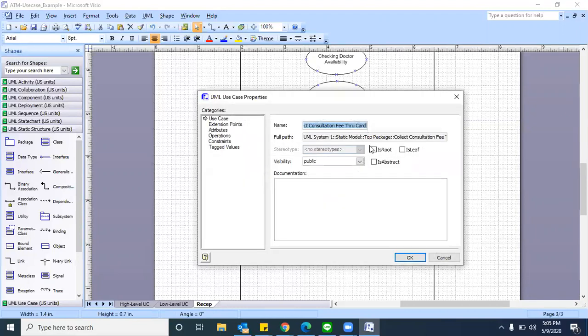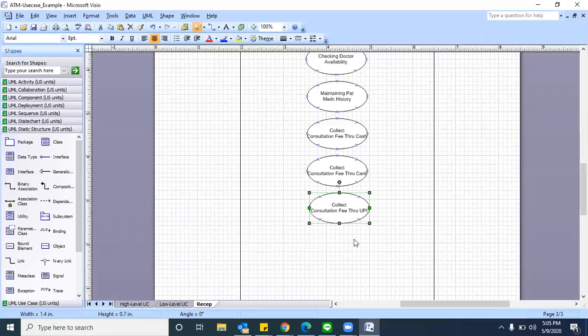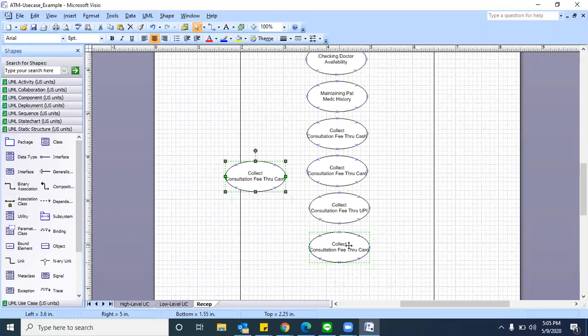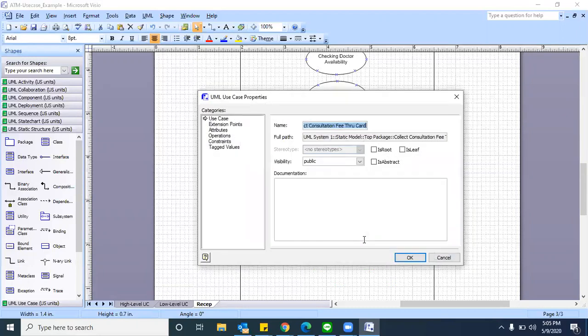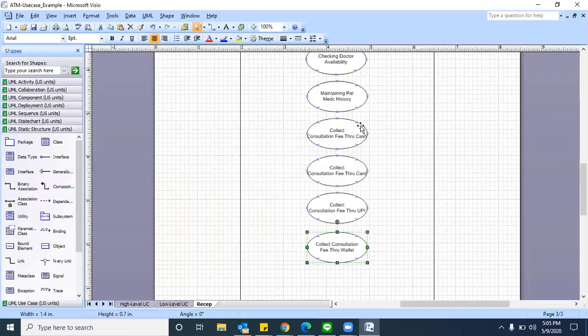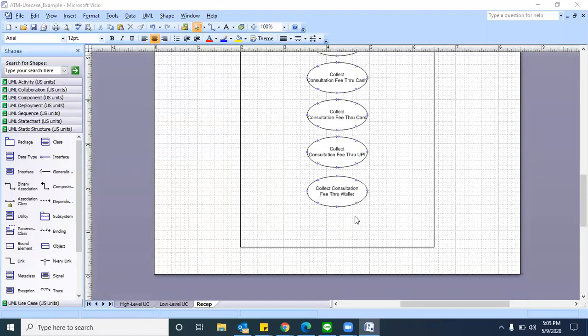Every individual payment mode is different, right or wrong? And finally, wallet. Then 4 different payment modes are available, right?